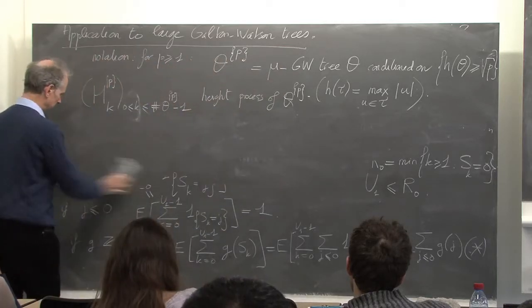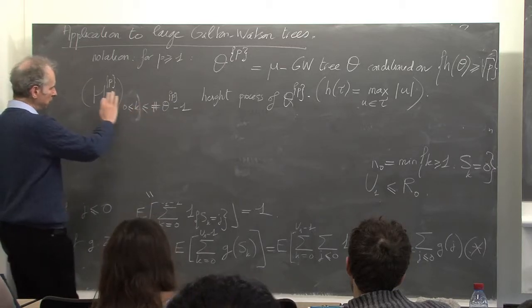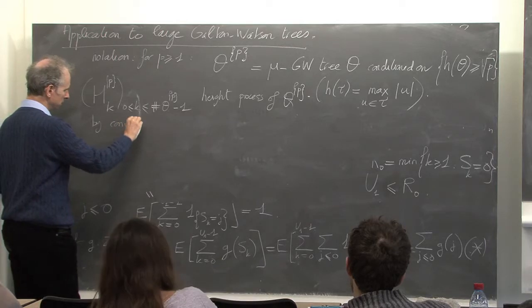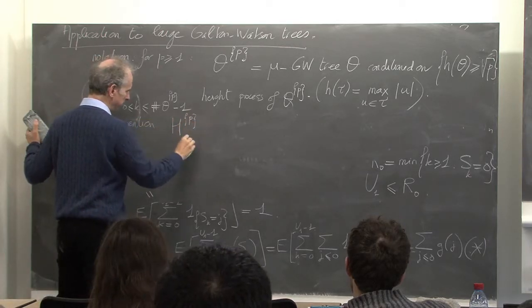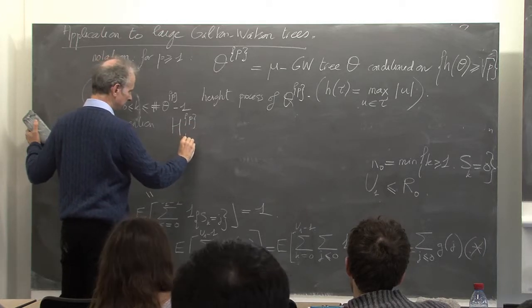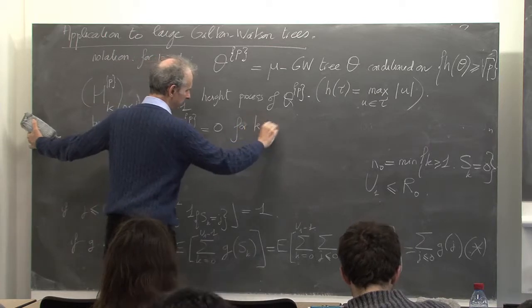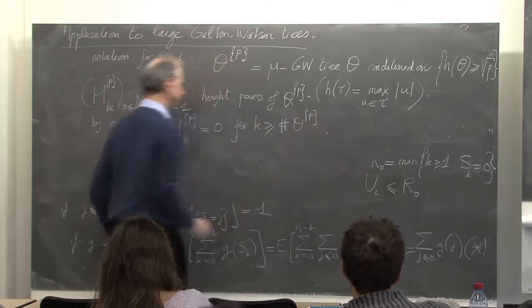And now I want this to be defined for any k. So by convention, h brace p of k will be equal to 0 for k greater than the number of vertices of theta p.